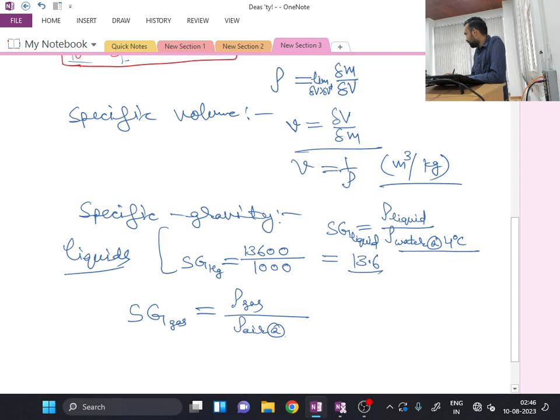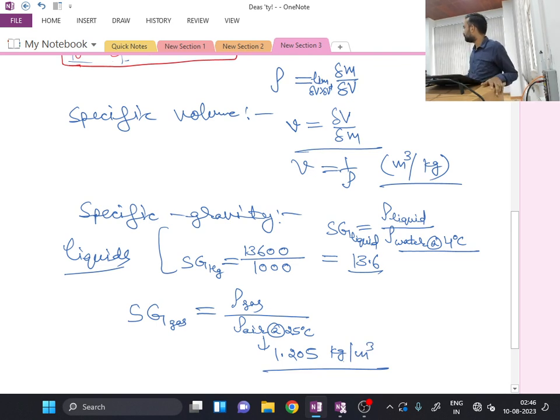Standard temperature and pressure conditions. Typically standard pressure is 1 atmosphere and temperature is 20 or 25 degrees Celsius. At this point, air has a density close to 1.205 kg per meter cubed. Okay, is this point clear?